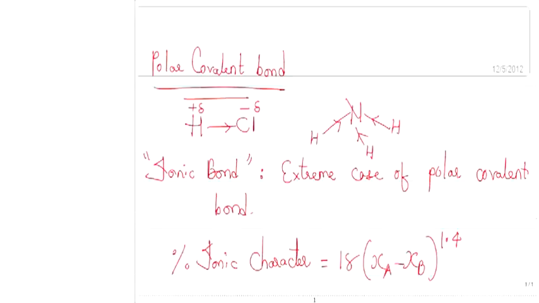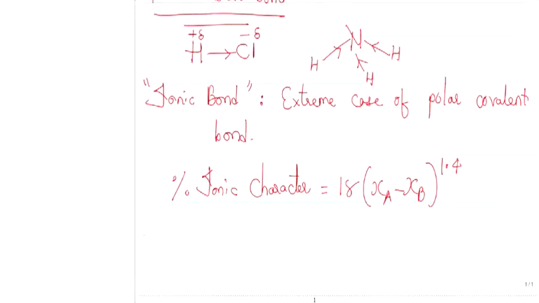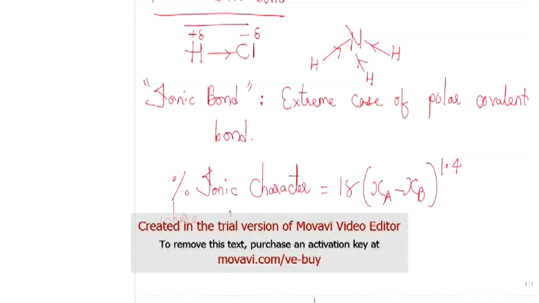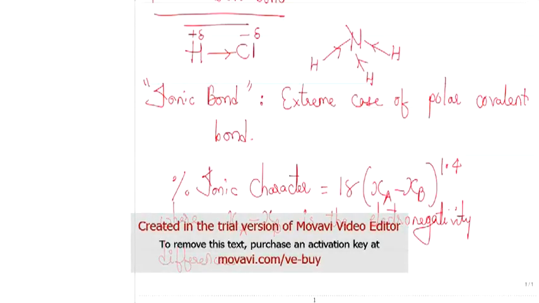Here we can say that where Xa minus Xb is the electronegativity difference between the two atoms sharing that covalent bond.